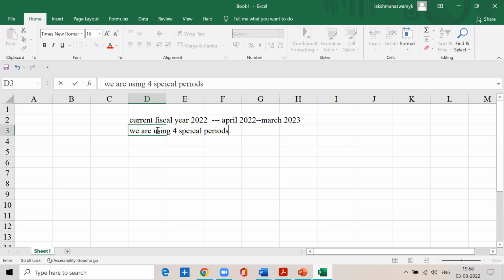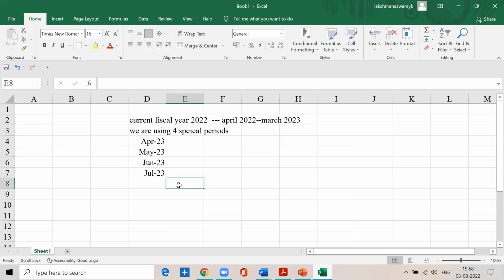So, in the case of fiscal year 2022, what are the special periods? April 2023, then May 2023, then June 2023, then July 2023.